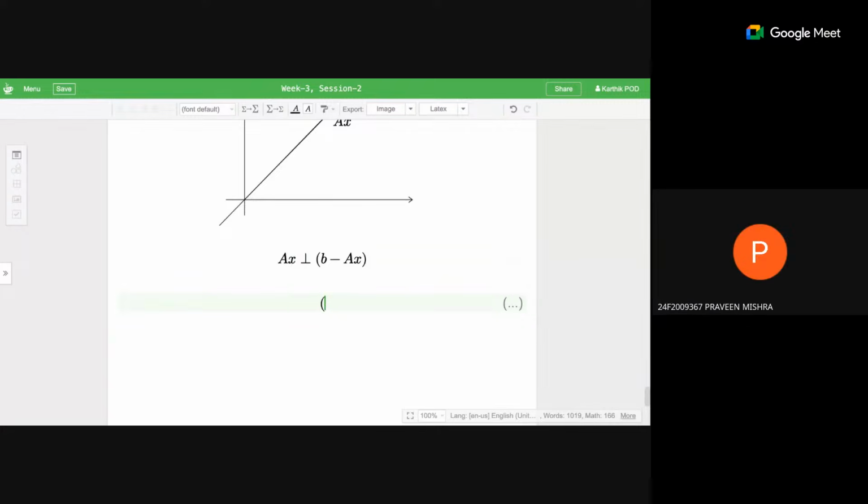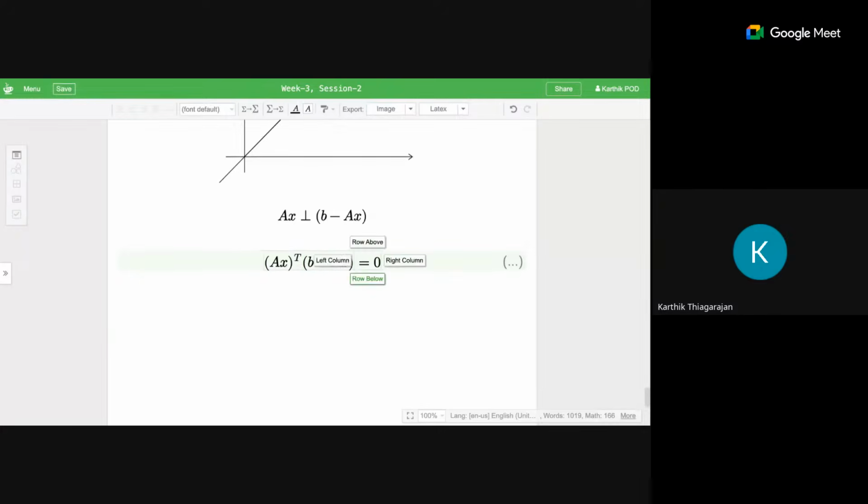So (Ax) transpose (b minus Ax) is 0. If you take the transpose of Ax, it's x transpose A transpose, times (b minus Ax) is 0.